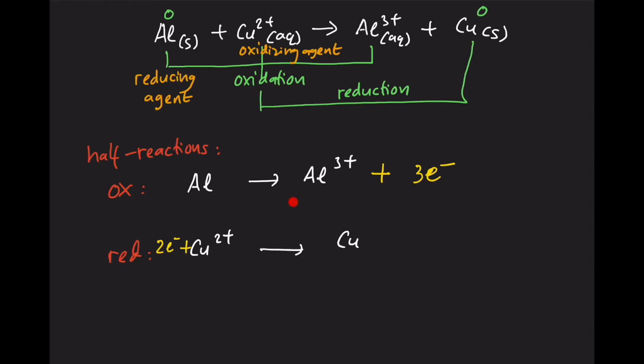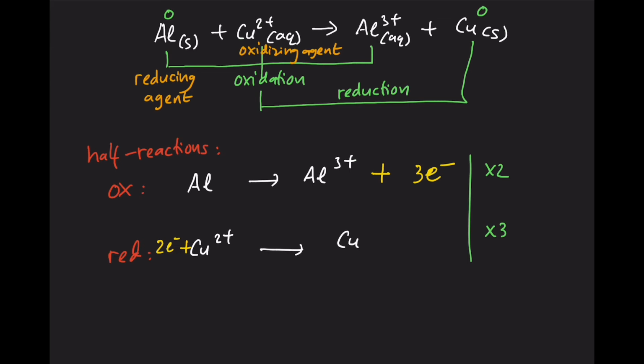And here you can also see that oxidation reaction will release electrons, and the released electrons will be accepted by reduction reaction. Now in this case, we have to have the same number of electrons being released as the electrons being accepted. Therefore, we have to multiply the first reaction by 2 and the second reaction by 3.